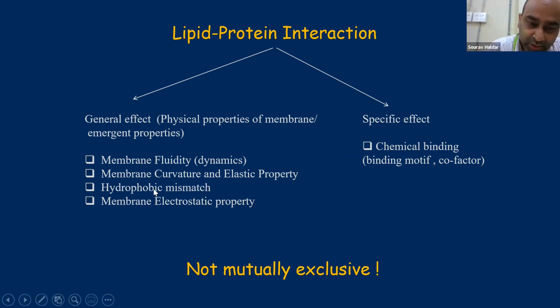And this will bring about a situation called hydrophobic mismatch, which will have an influence on the membrane protein conformation. So just because some protein has got a binding motif for a particular lipid, it will exhibit specific lipid effect, but it may also exhibit general lipid effect. Okay, so these two effects are not mutually exclusive.